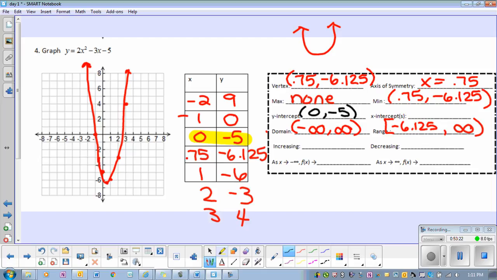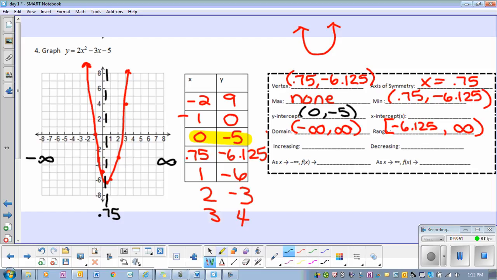So for your increasing, decreasing, remember, you're drawing a line. Basically, you're drawing your axis of symmetry, right? So that's at 0.75. You have an arrow on the left, so that's negative infinity. Arrow on the right, so that's infinity, right? What is this graph doing from negative infinity to 0.75, from the left to the right?